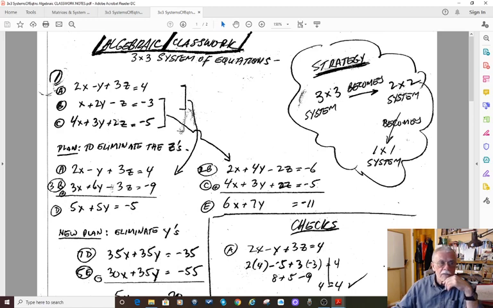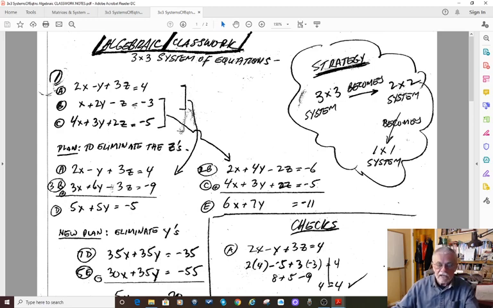Okay, so here's what I'm going to do. Instead, I'm going to work with the first two, the A and B equations. I'm going to make this a -3z by multiplying by 3, and I can eliminate the z's.